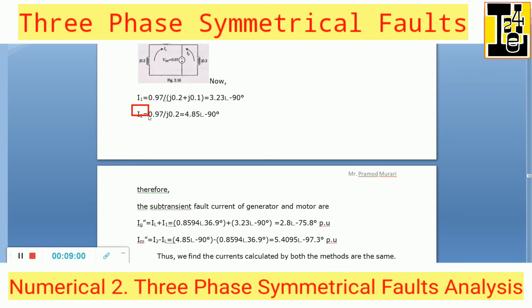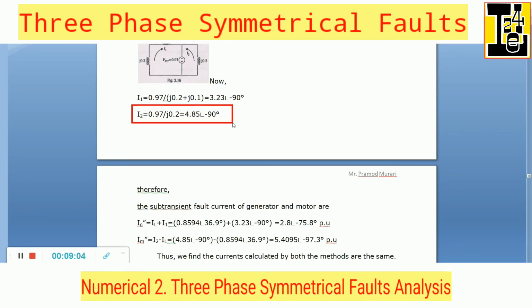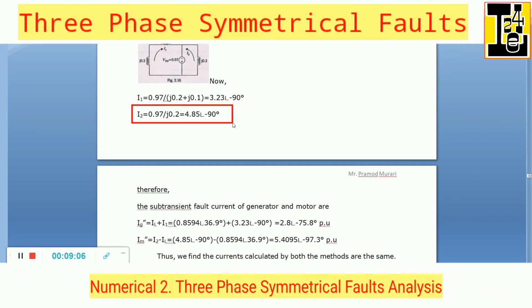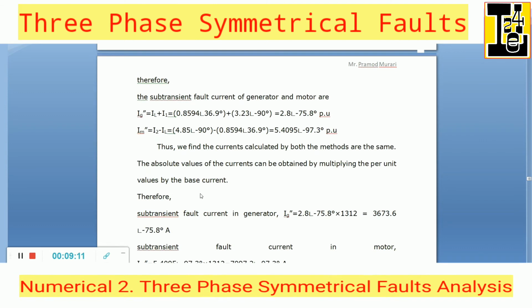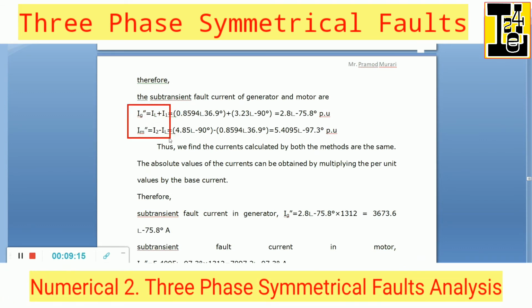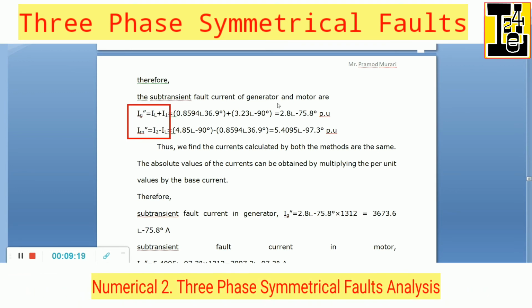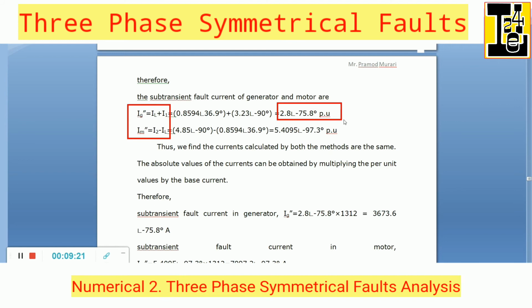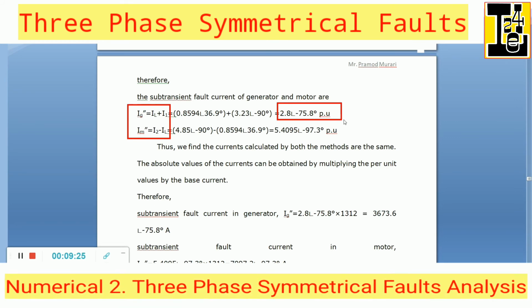I2 is equals to 0.97 divided by 0.2 J is equals to 4.85 at an angle minus 90 degree. Therefore, the subtransient fault current of the generator and motor are Ig double dash is equals to IL plus I1. On solving, after the substitution, we will get 2.8 at an angle minus 75.8 degree per unit.